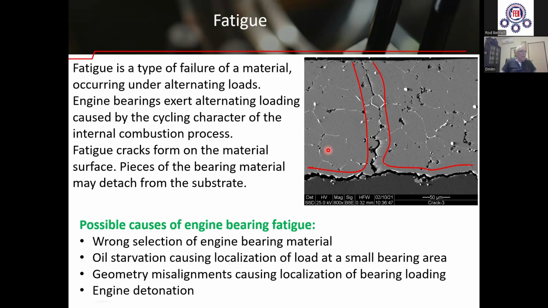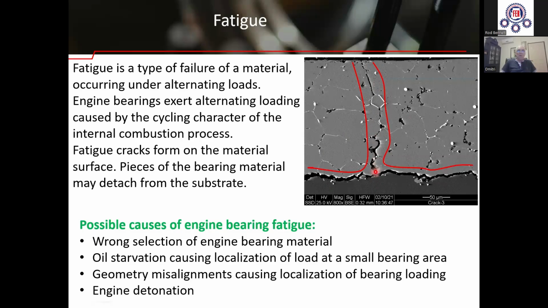Fatigue cracks start on the material surface. You can see here the image of the cross section of the bearing material. On the top you see the bronze layer, and here you see the steel back, and this is the bearing affected with fatigue. Fatigue crack starts on the surface, and then it progresses into the material until it reaches the boundary with the steel back.